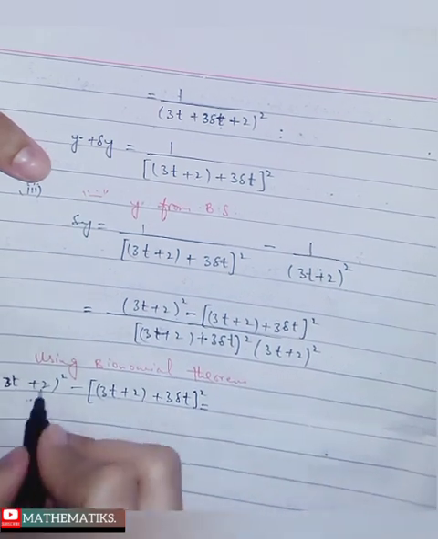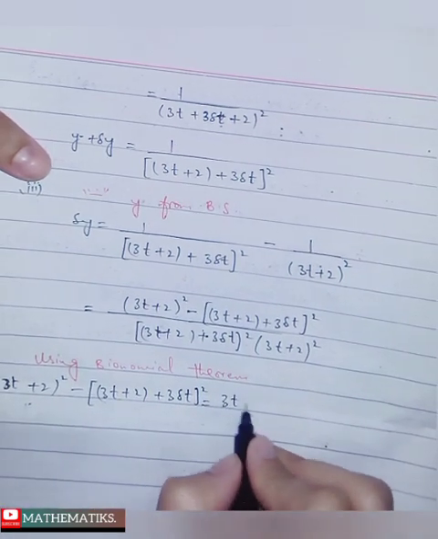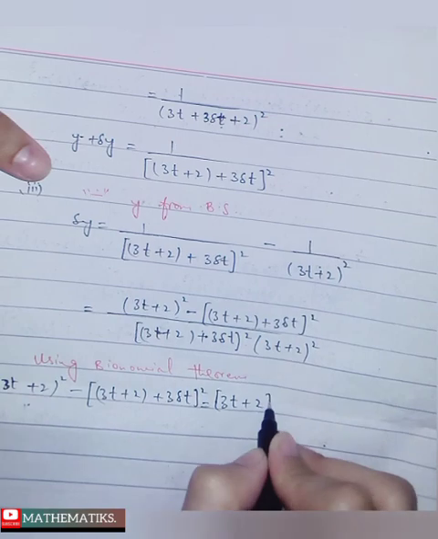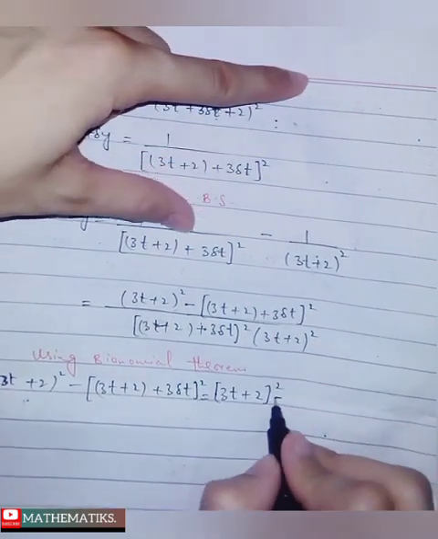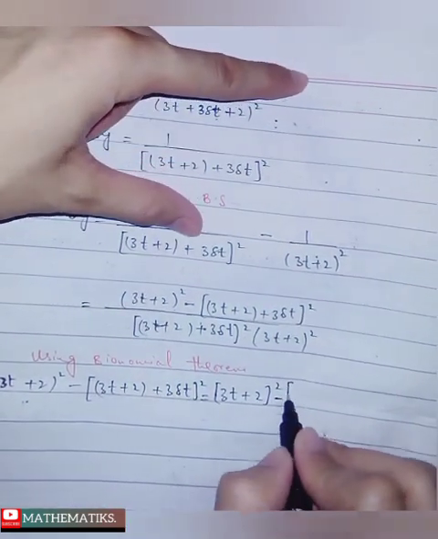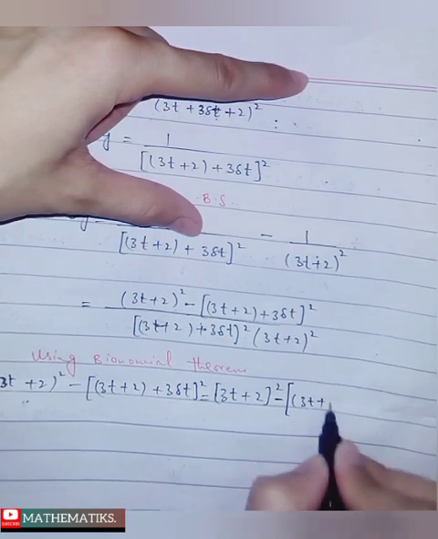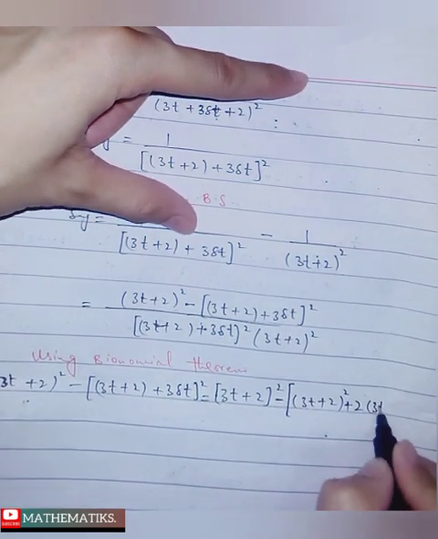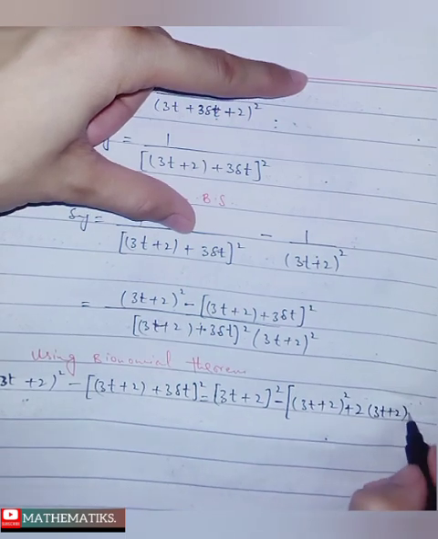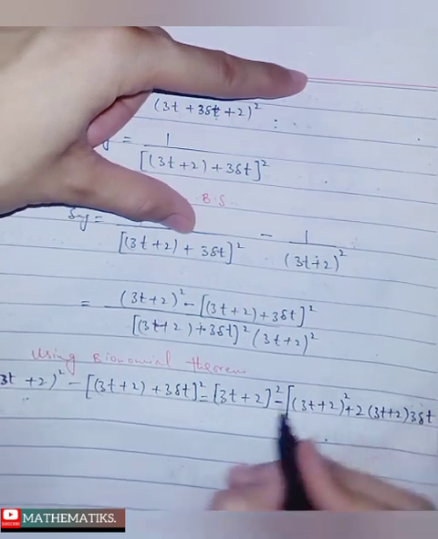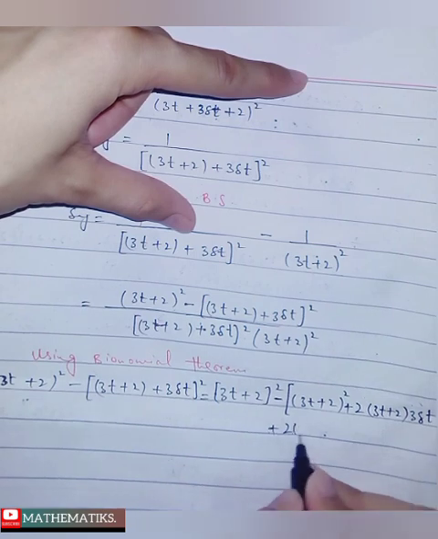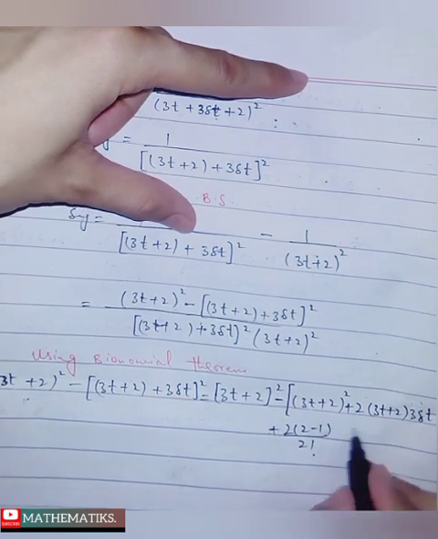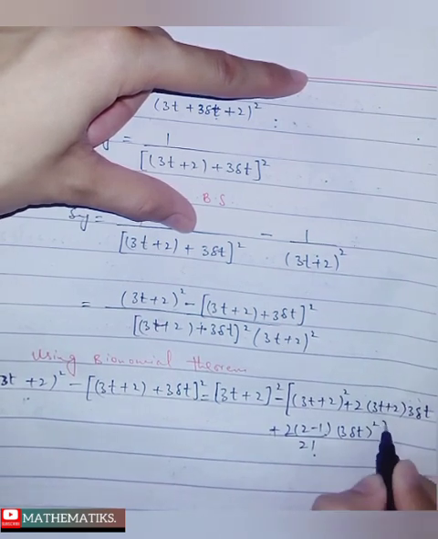The first factor will remain the same, we are not going to change it. The second becomes (3t plus 2) whole square plus 2 into (3t plus 2) into 3 partial t plus 2 into (2 minus 1) divided by 2 factorial into (3 partial t) whole square.